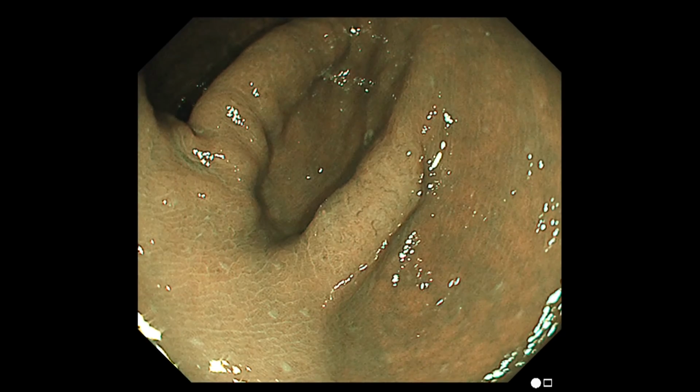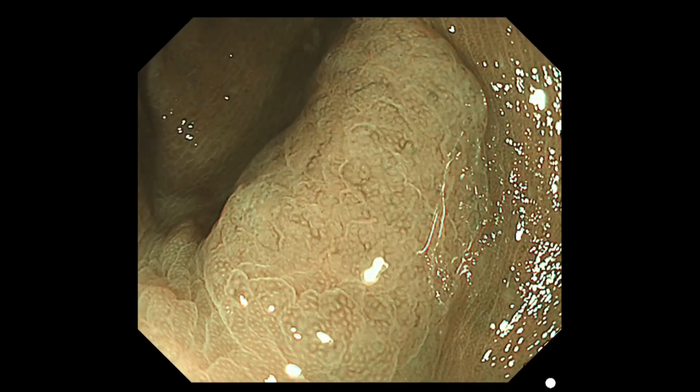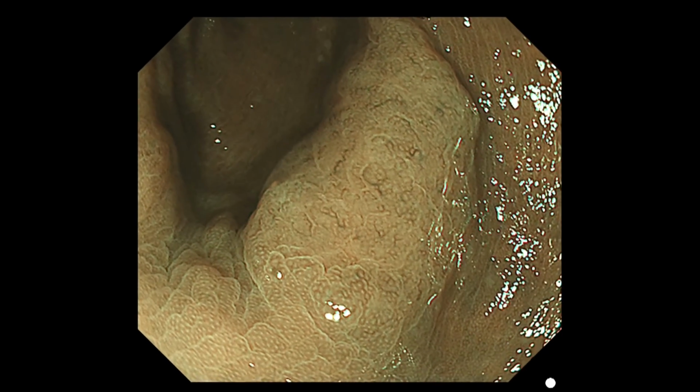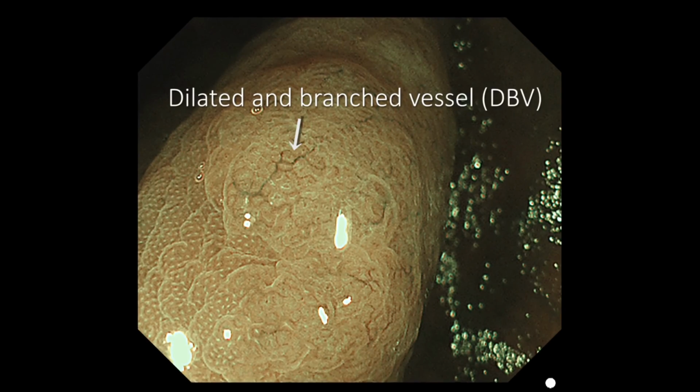This case is also a slightly elevated polyp, 12 mm in diameter. These are the typical findings of polypoid lesions for JNET Type 2A. Magnifying NBI shows dilated and branched vessels, as well as the regular dark spots in the expanded crypt orifices.